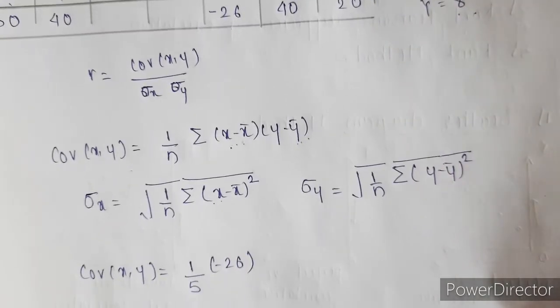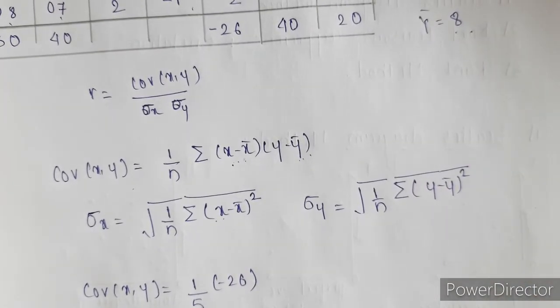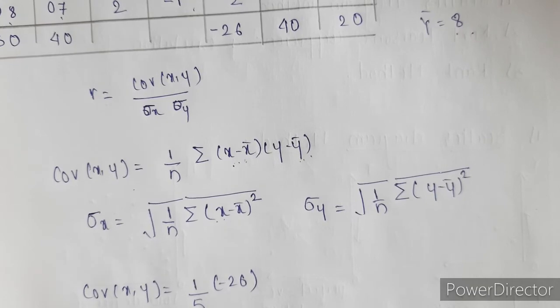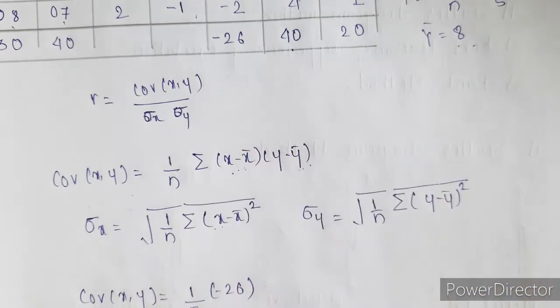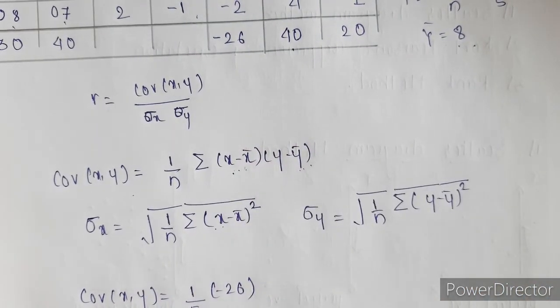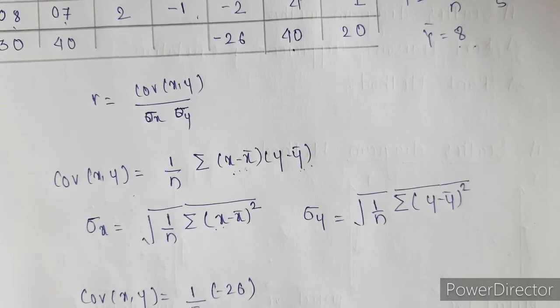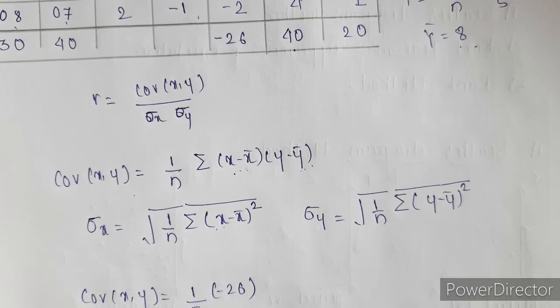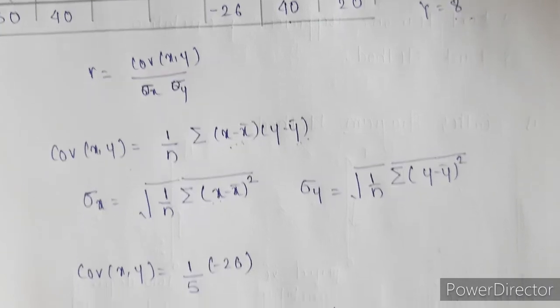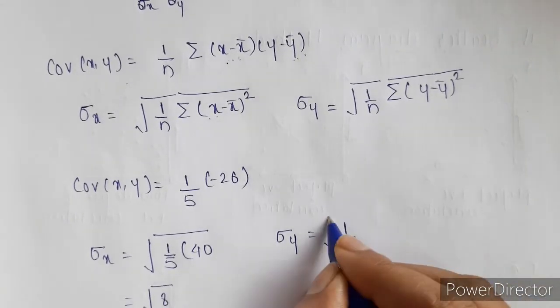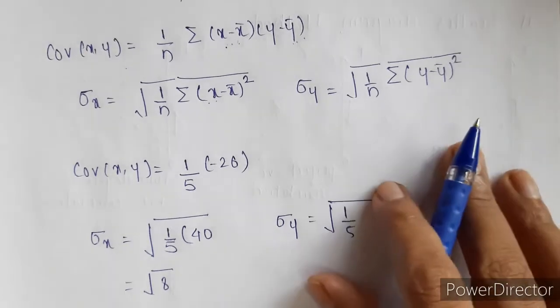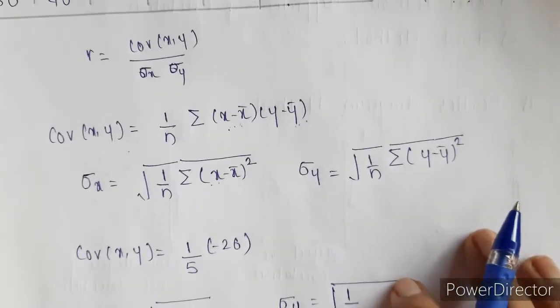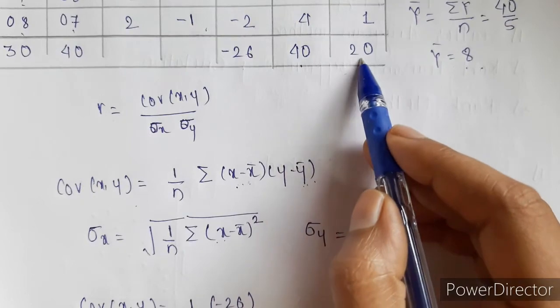So again, after substituting back, the standard deviation of x is root of 1 upon 5 into the summation of (x minus x bar) square, that is 40. After dividing, this is going to be root of 8. And the standard deviation of y is root of 1 upon 5 into the summation of (y minus y bar) whole square, that is 20.